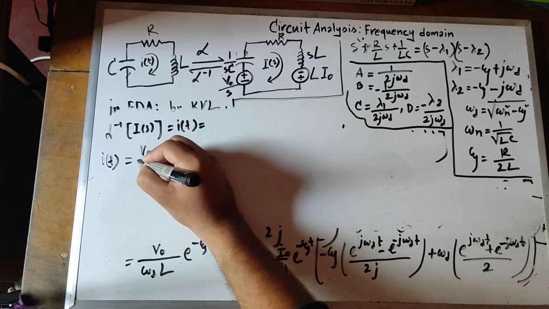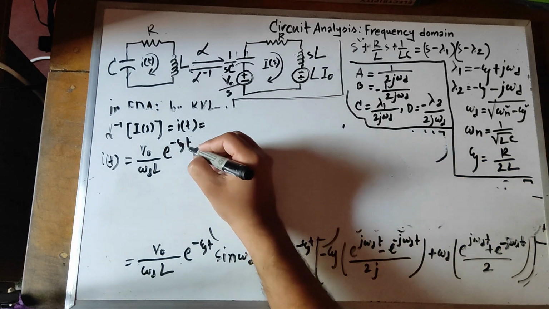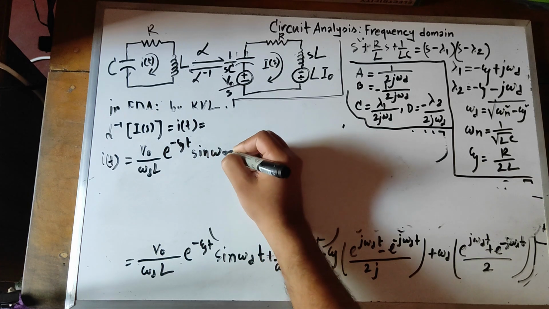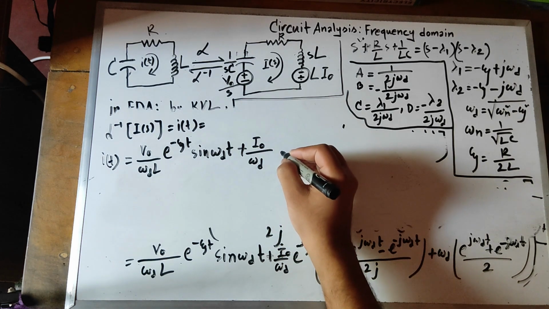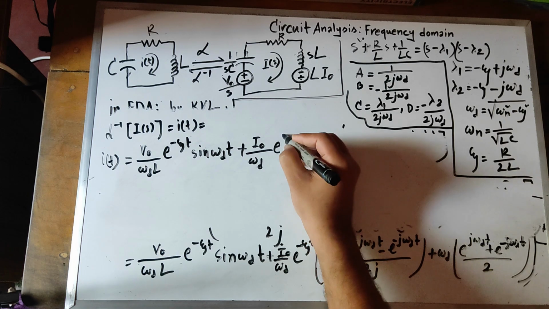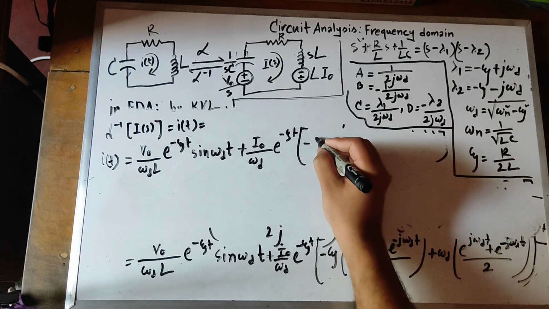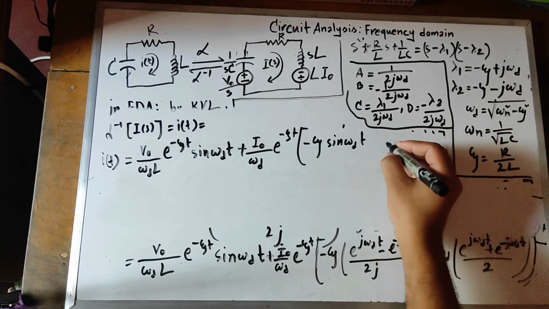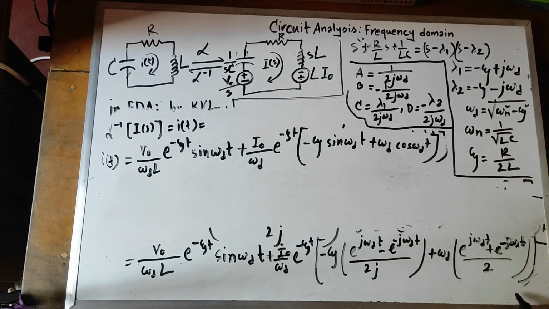V0 by omega d L, the exponential term with the damping coefficient or damping factor, sine omega d t, plus i0 by omega d, the exponential term with damping factor again, in the brackets minus psi, which is the damping factor itself, sine omega d t plus omega d cos omega d t.